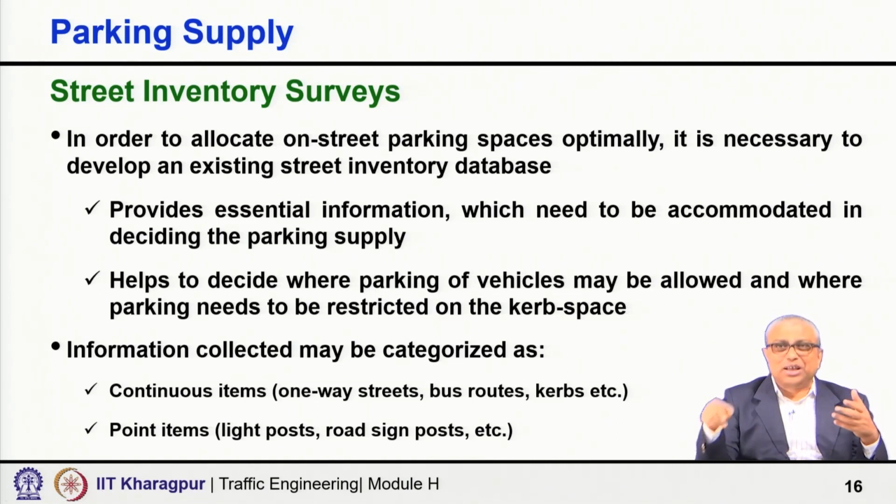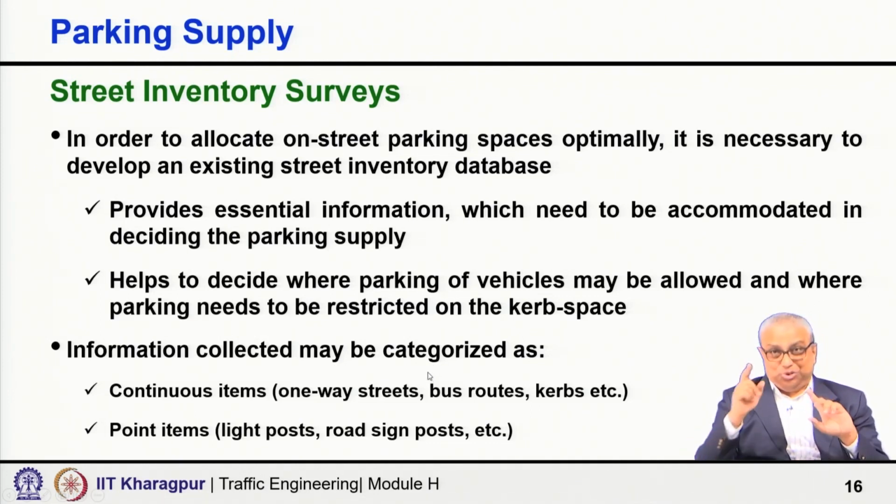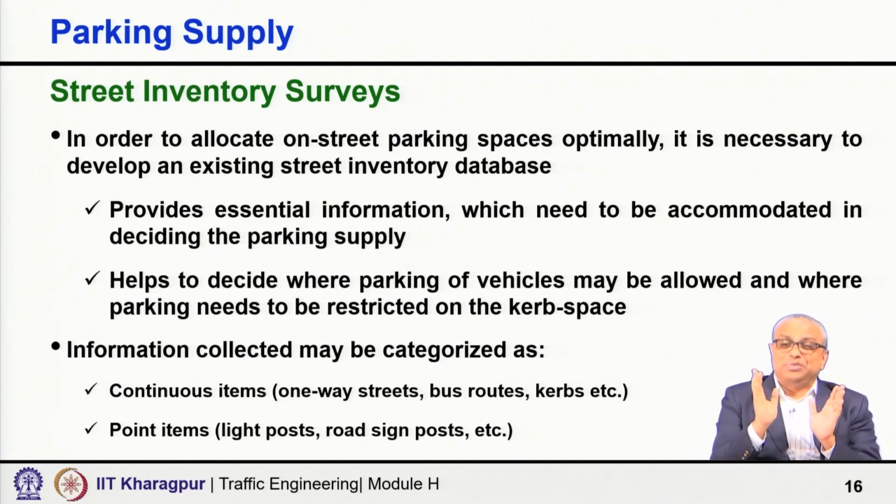So many features; I will come to them in the next slide. And all these actually help to decide where parking of vehicles may be allowed and where parking needs to be restricted on the curb space. That is very vital to decide the supply, how many on-street vehicles I can accommodate, or how many vehicles can be parked on street.